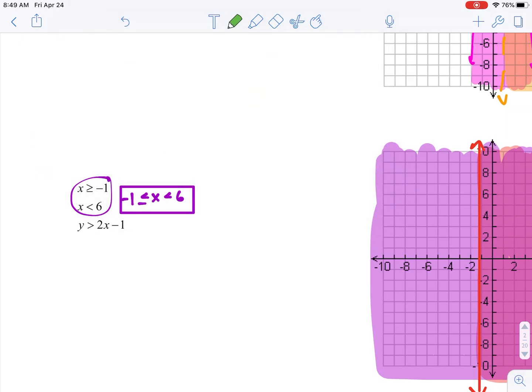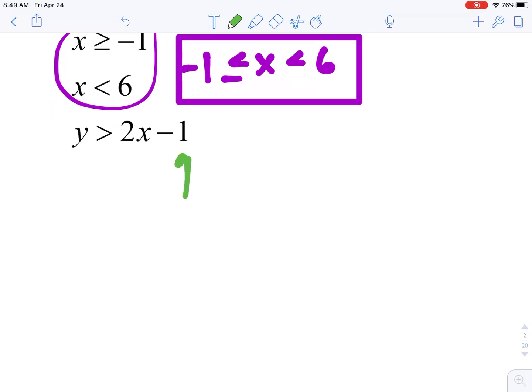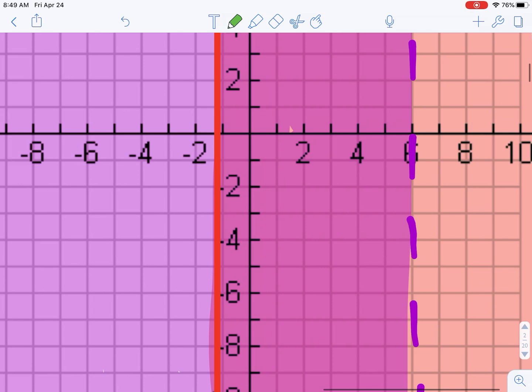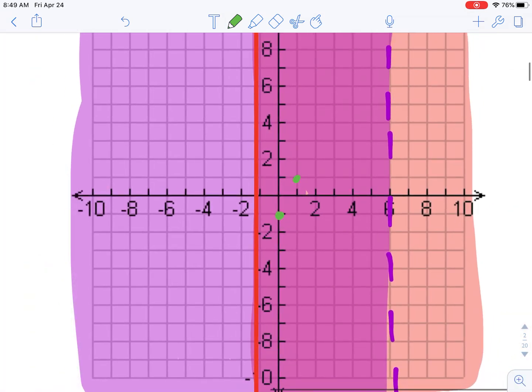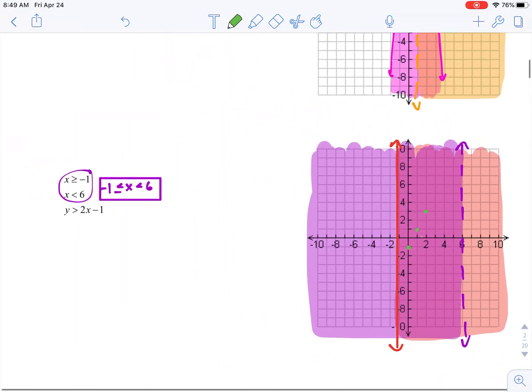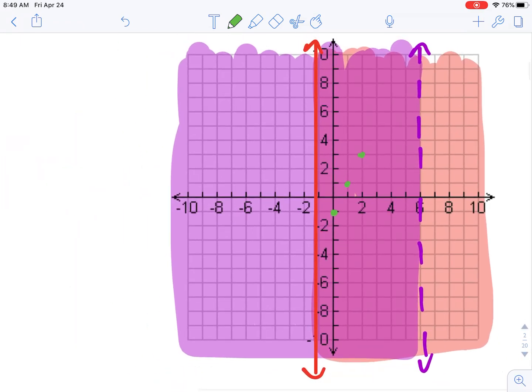The next one is a line. This is in y equals mx plus b form. Negative 1 is your y-intercept, and 2 is your slope. So y-intercept at negative 1 and a slope of 2. These dots are going to be connected with a dashed line.